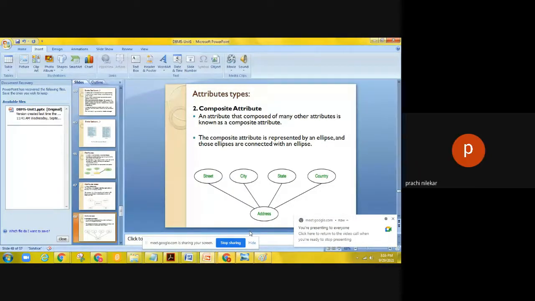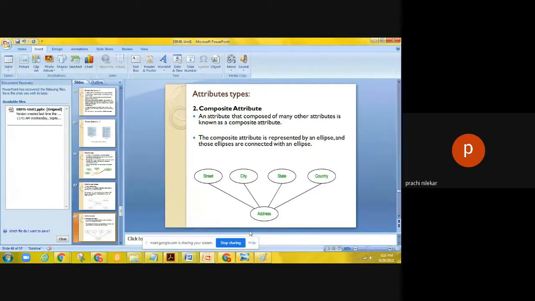Now move to the next attribute type, that is the composite attributes. Yes, a composite attribute is an attribute that is composed of many other attributes. It is represented by an ellipse, and those ellipses are connected with an ellipse only.